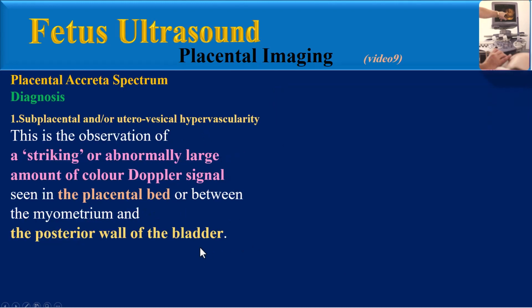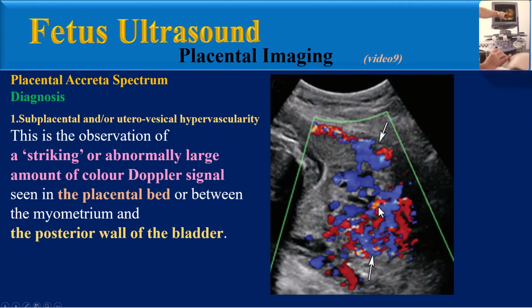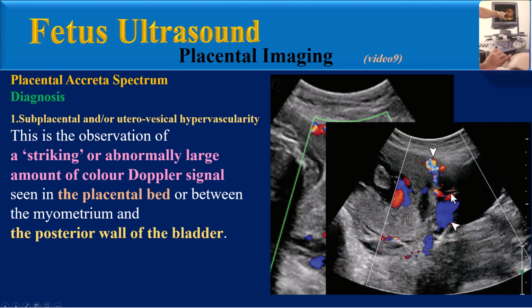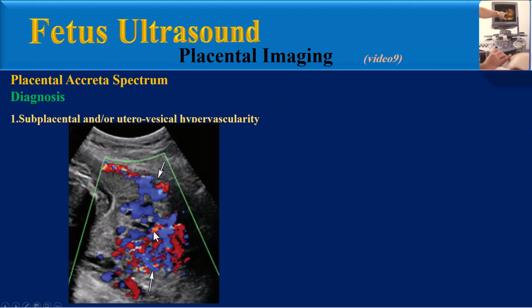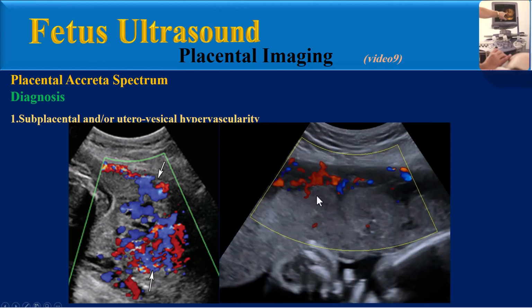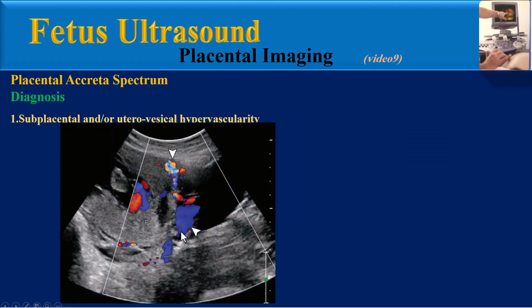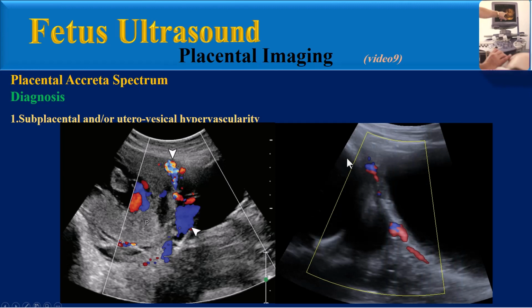This is the observation of a streaking or abnormally large amount of color Doppler signal seen in the placental bed or between the myometrium and the posterior wall of the bladder. In this image, we can see obvious subplacental hypervascularity, and this is a normal placenta for comparison. And this image shows utero-vesical hypervascularity, and this is a normal case.